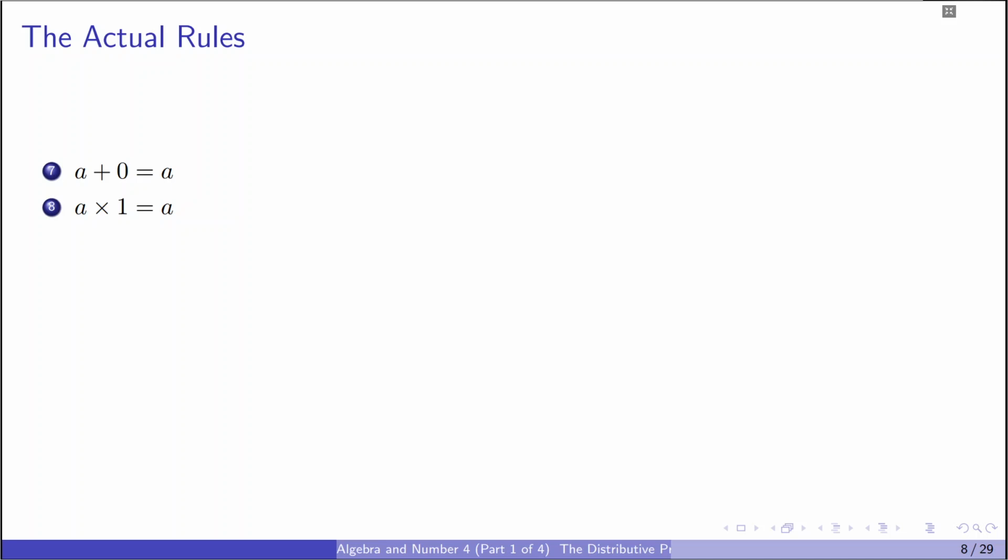Up to this point, if you did not already know the symbols plus, times, 0, and 1, if I scrap them and replace them with marshmallows from Lucky Charms, you've got hearts, moons, clovers, diamonds, you would not be able to tell what was addition and what was multiplication. It's rules 9 and 10 that make it clear which is which.